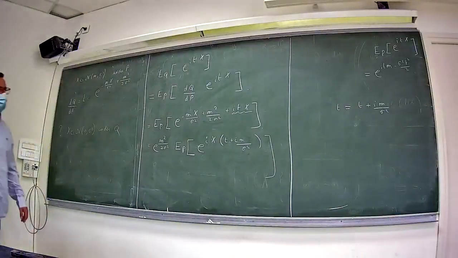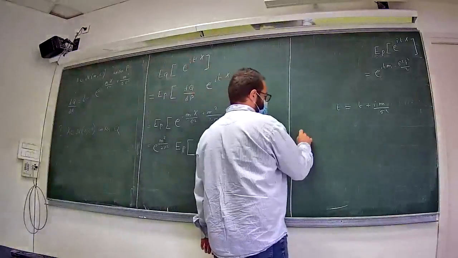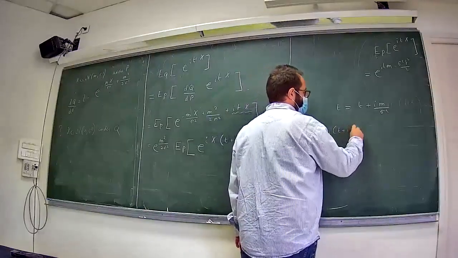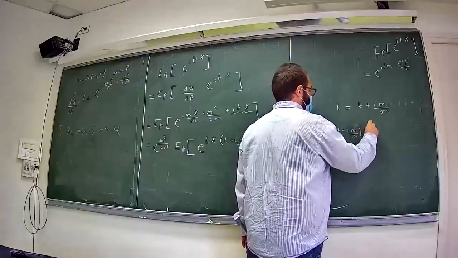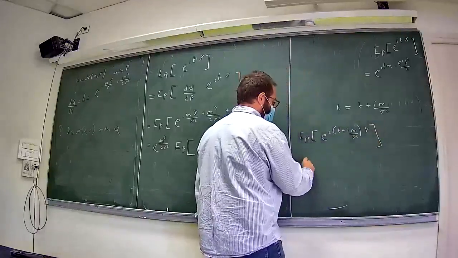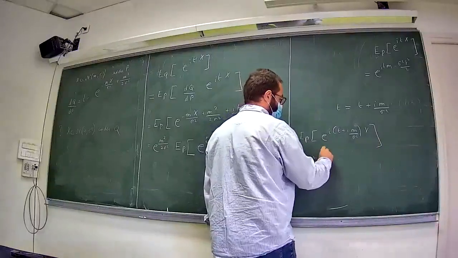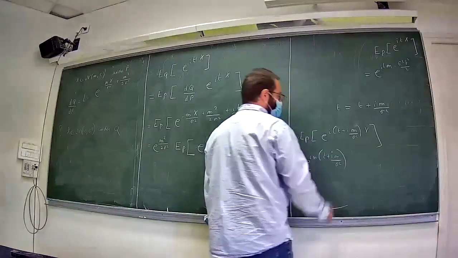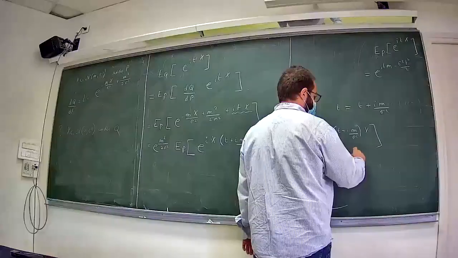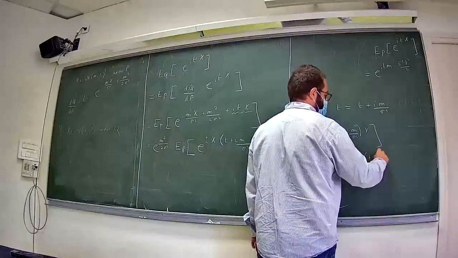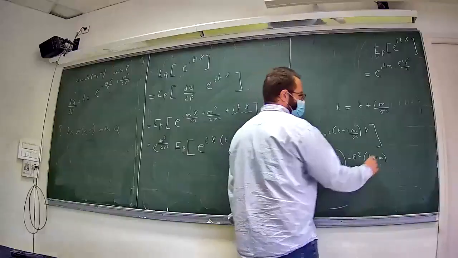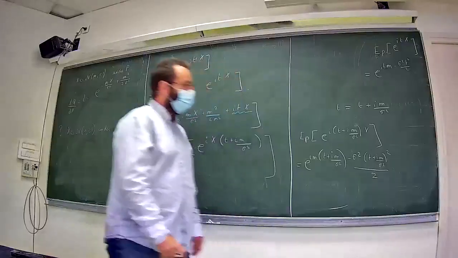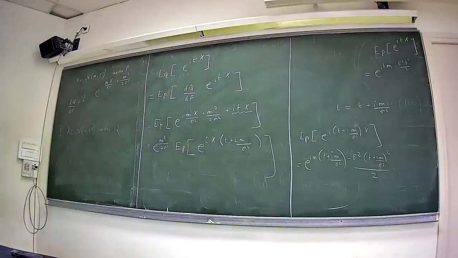If I plug inside, I obtain that the expectation under P of exponential i (t plus i n over sigma square) x is equal to the exponential of i m multiplied by (t plus i n over sigma square) minus sigma square (t plus i m over sigma square) squared over 2. I just plug inside to see what happens.